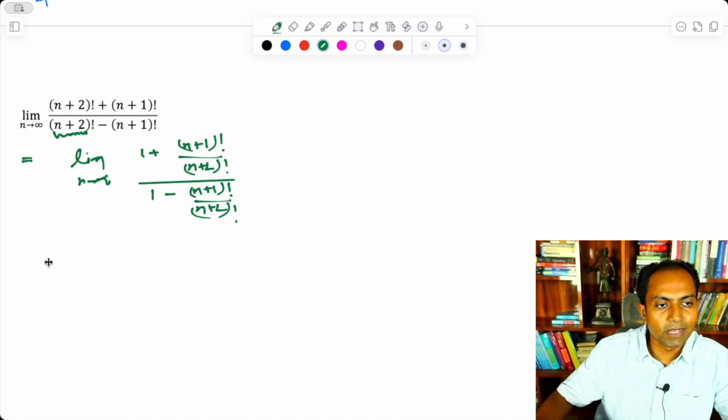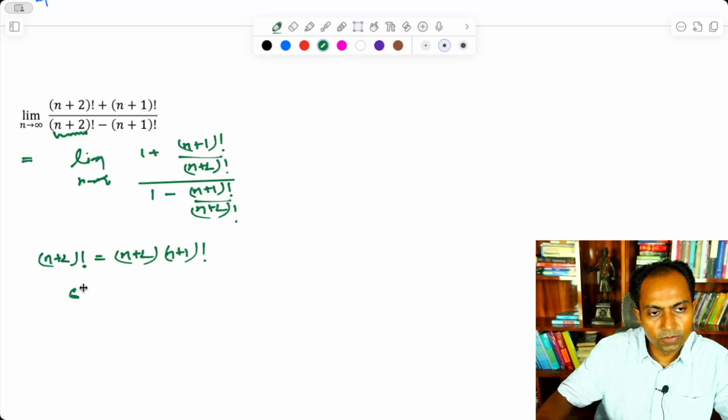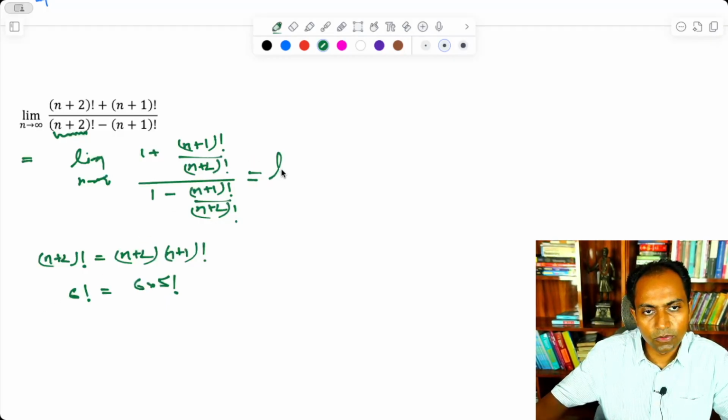You can see that n plus 2 factorial can be in turn written as n plus 2 into n plus 1 factorial. So what I am doing in simple terms is, if you have 6 factorial, it can be written as 6 into 5 factorial. That is what is happening. So once you do that, this question reduces itself into limit n tends to infinity, 1 plus 1 by n plus 2 divided by 1 minus 1 by n plus 2.